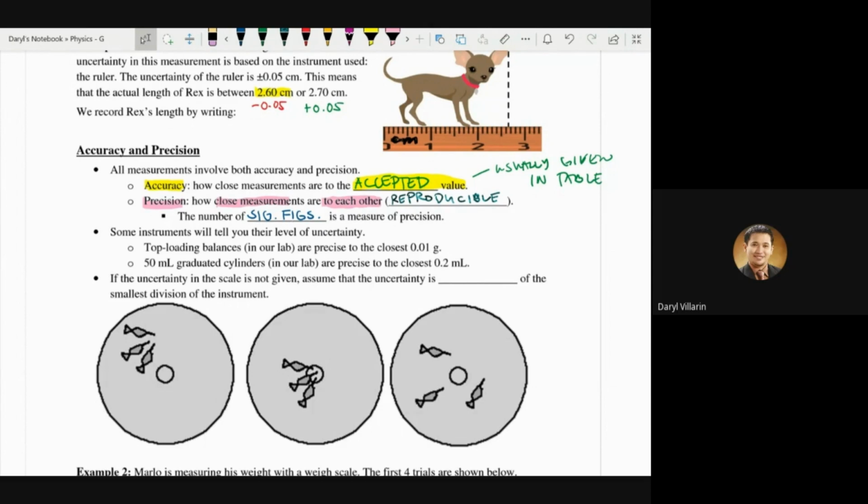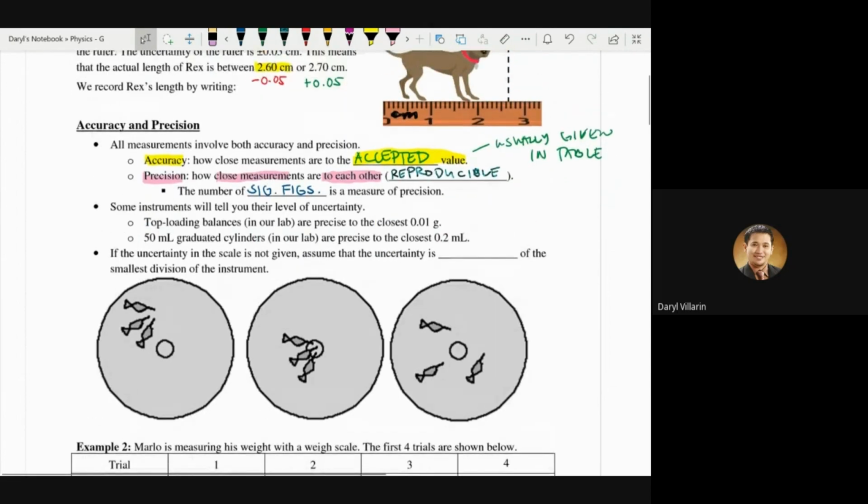If there's none, these are just some examples. These are some of the digital balances in our laboratory here in St. Pat. The precision is 0.01 gram, so that means that it can read 0.01 of a gram. And for graduated cylinders, it's around 0.2 ml. Okay.